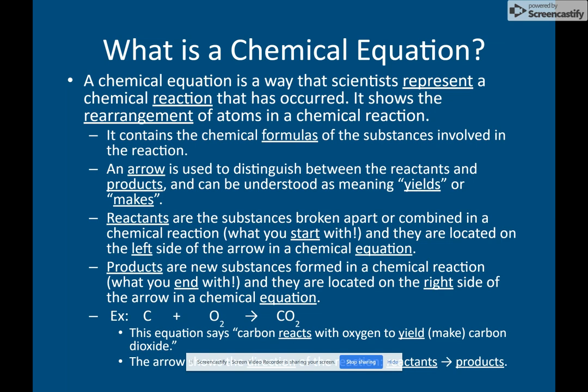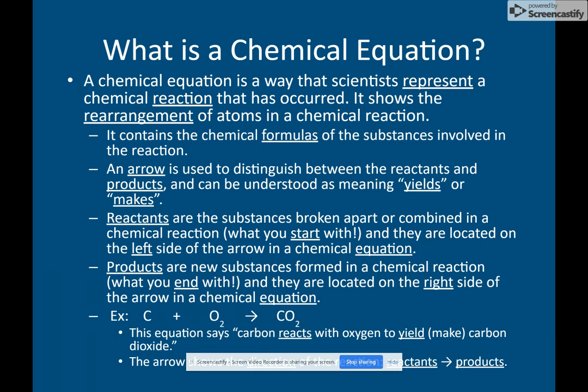So, chemical equations. Chemical equations are a way that scientists represent a chemical reaction that has occurred. It's like the recipe. It shows the rearrangement of the atoms in the chemical reaction. It is made up of chemical formulas that are involved in the reaction.